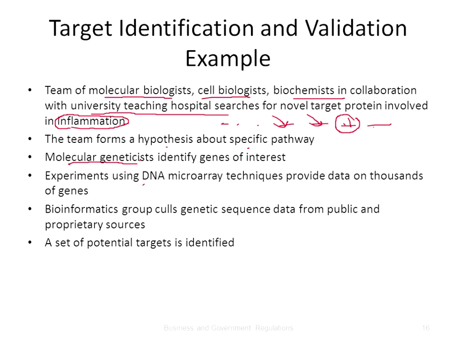DNA microarray is a technique where you have a gene, literally a chip made of some kind of a glass that has lots of tiny wells. So it's almost like a silicon chip, right? But it has tiny wells, thousands of wells, and in each well there is a different gene. So you have thousands of genes that are spotted onto these wells.